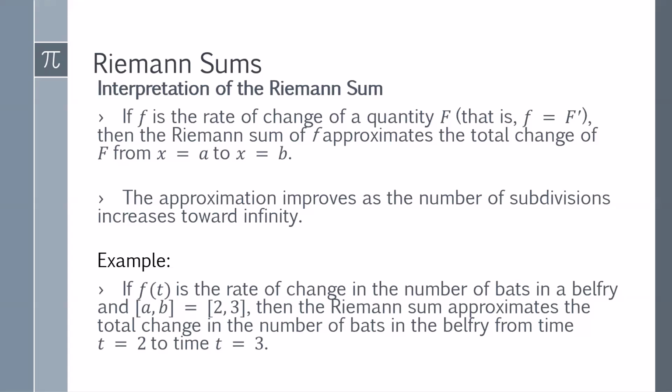The approximation improves as the number of subdivisions increases toward infinity. If f of t is the rate of change of the number of bats in a belfry, for example, and the closed interval [a, b] is the closed interval [2, 3], then the Riemann sum approximates the total change in the number of bats in the belfry from the time t equals 2 to the time t equals 3.